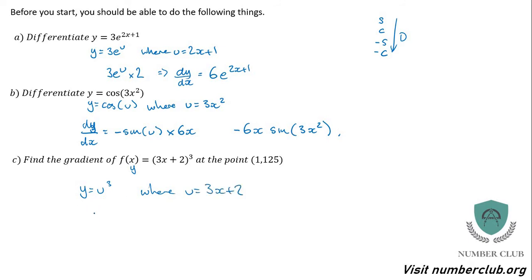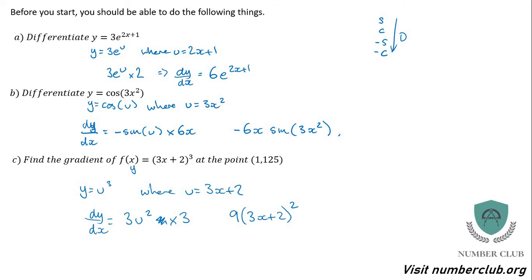Now dy by du was 3u squared, multiplied by 3, and so we end up with 9u squared, which was 9 times 3x plus 2 all squared.